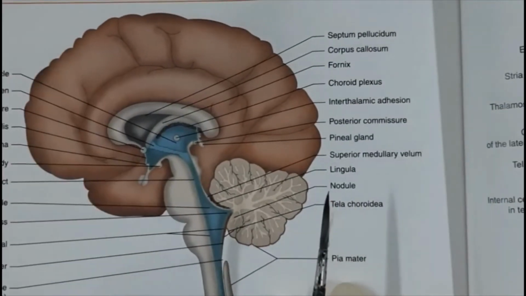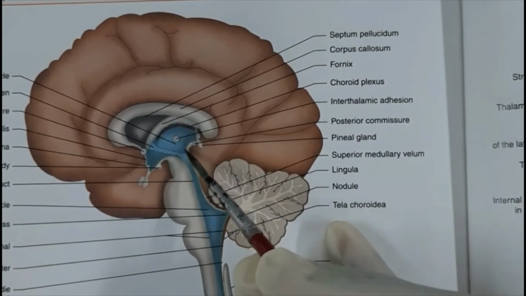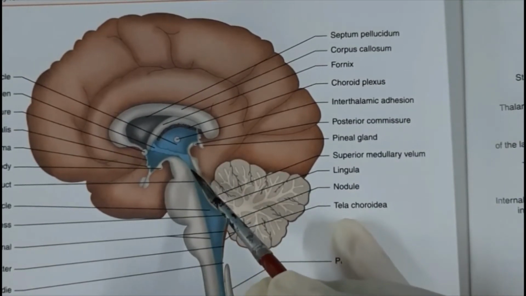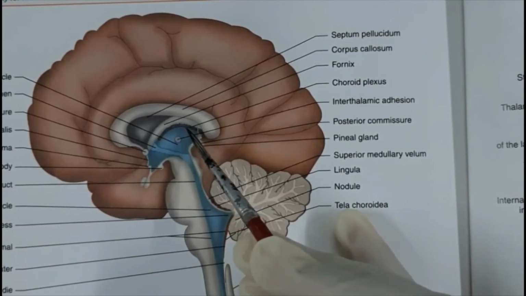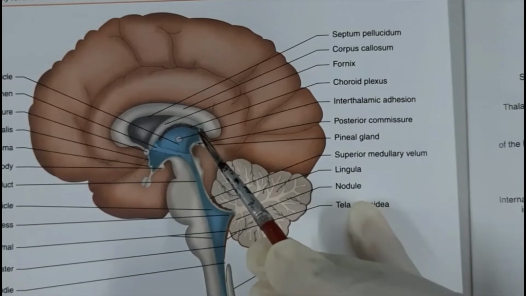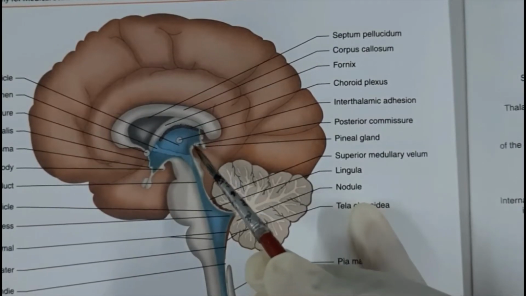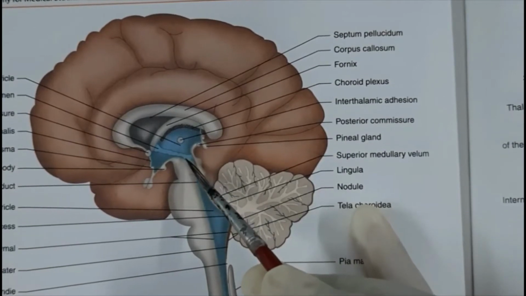Okay, so this is the enlargement of this diagram, and in this diagram I can show you that this is the posterior wall, this is the cerebral aqueduct, and this is the roof, where the choroid fissure is seen, in which the choroid plexus is seen just below the fornix. So from right below the fornix up to the beginning of the cerebral aqueduct, this is the posterior wall.